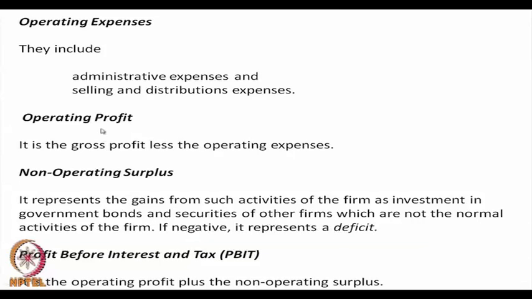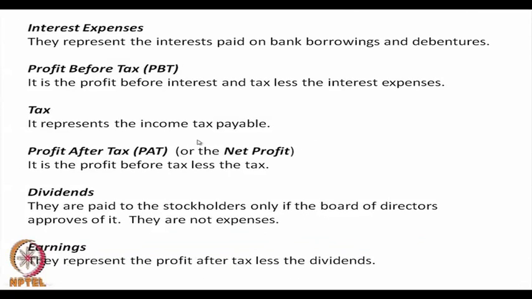When we add operating profit with the surplus, we get PBIT, profit before interest and tax. As I already said, interest expenses are the interest paid by the company to banks and debenture holders or bond holders.